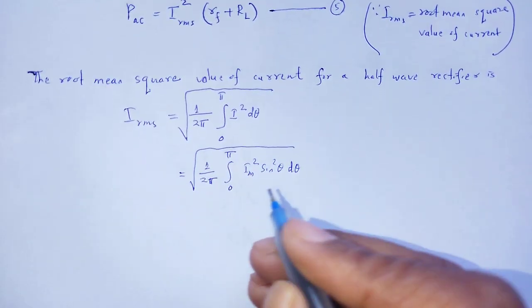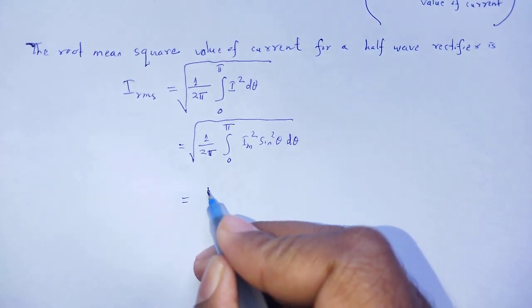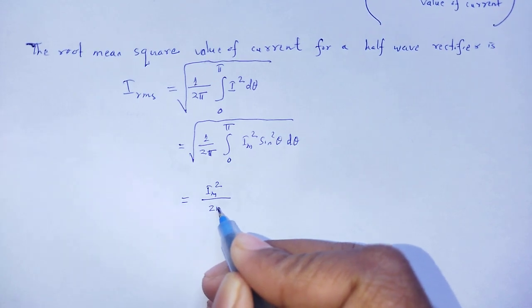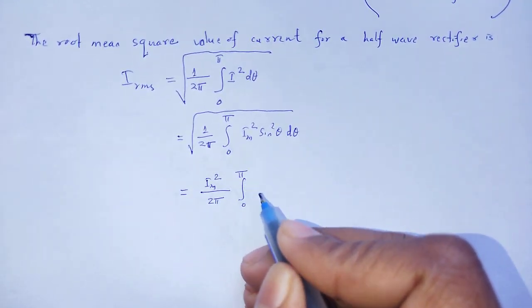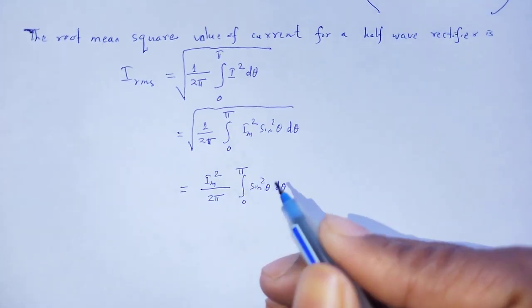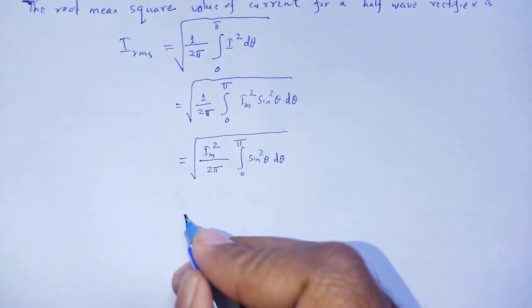Taking I m square outside, it is I m square divided by 2 pi integration over 0 to pi sin square theta d theta, under root.